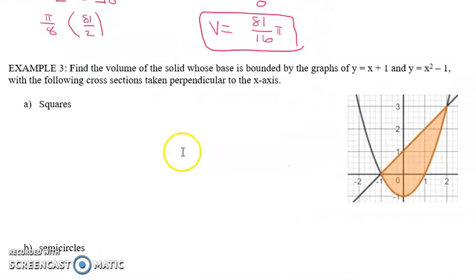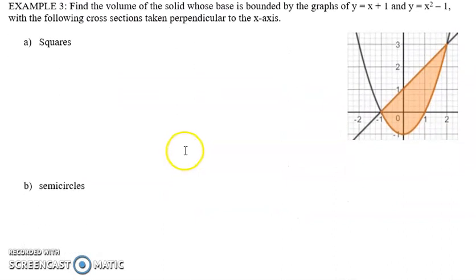Now we're doing a different example, a different graph, but we're going to do a square and semicircles, and both of these are going to be perpendicular to the x. Remember, for a square, the side that lies in the region is always going to be top minus bottom. So the top function here is x plus 1.